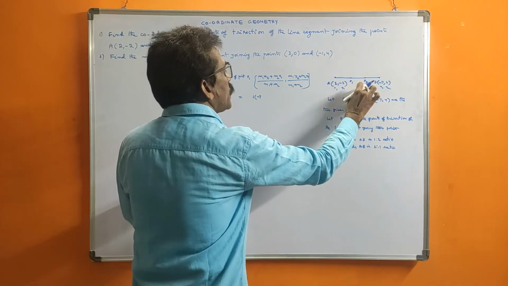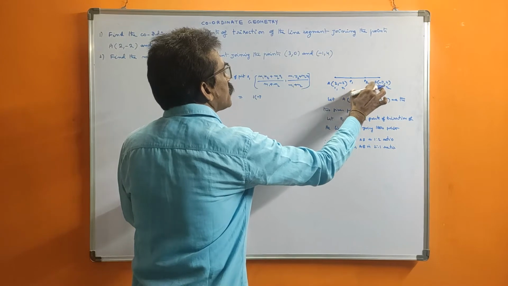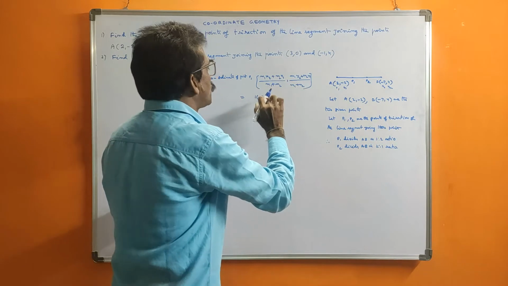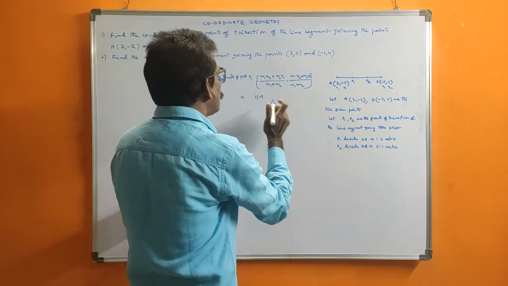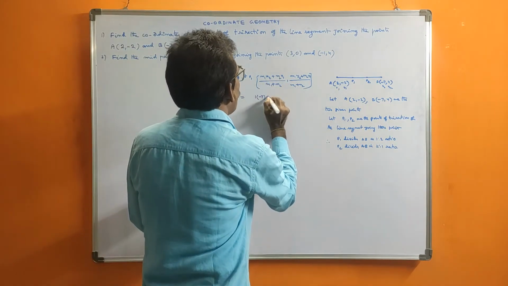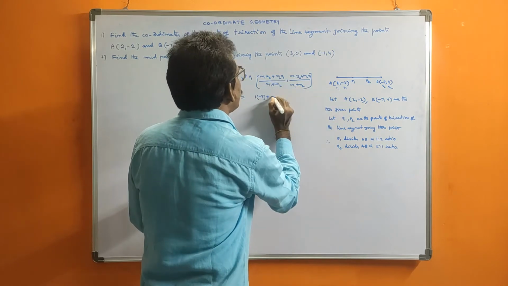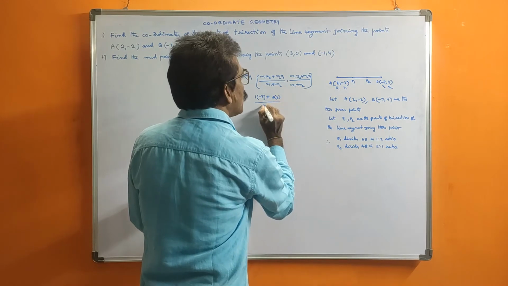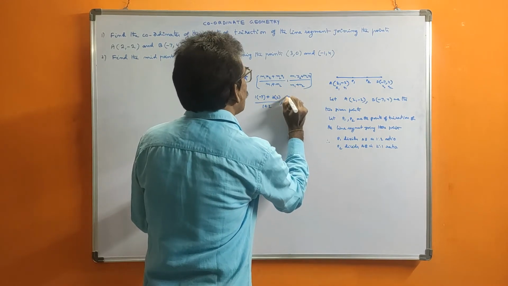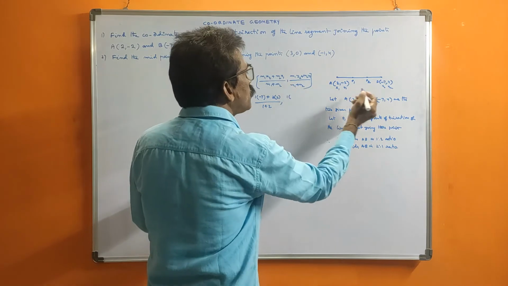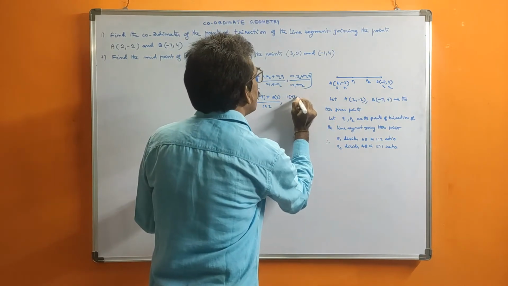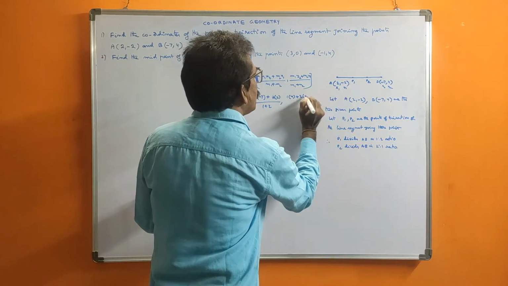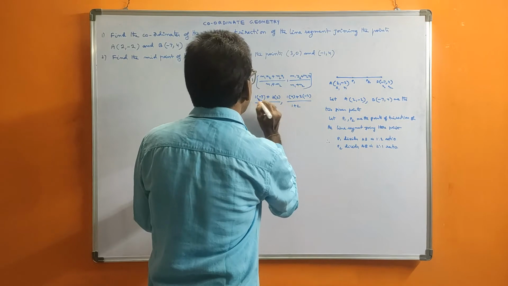For P1 or P2, the x1, y1, x2, y2 points are the same; only the ratio is different. That's why I am leaving the formula like this and will change only the m1, m2 values. Next, m1 is 1, y2 is 4, plus m2 is 2, y1 is -2, over 1 plus 2.